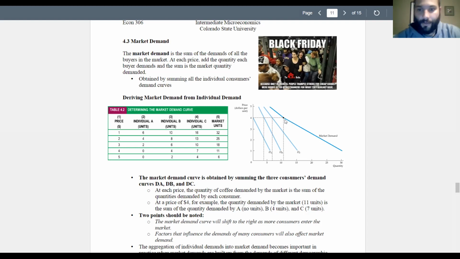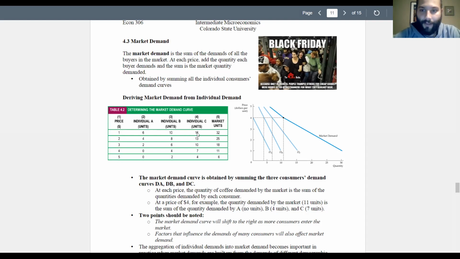Okay, so how do we do it mathematically? Well, when we're summing up these demand curves, what we want to do is have it in Q equals form. Because, again, we're just summing up these demand curves, and the demand curves tell us, at any given price, what is the quantity demanded.